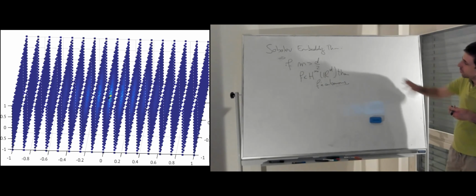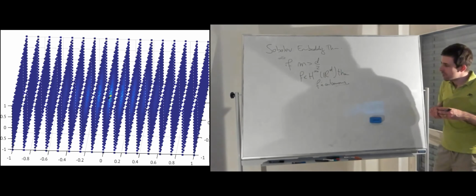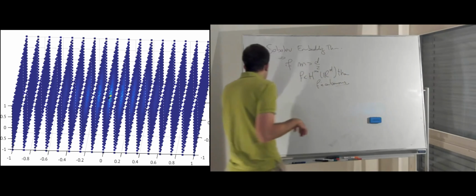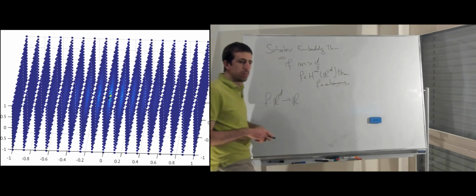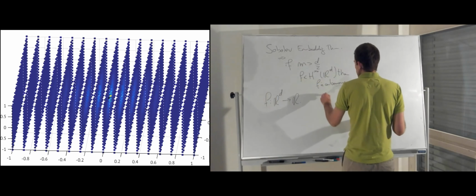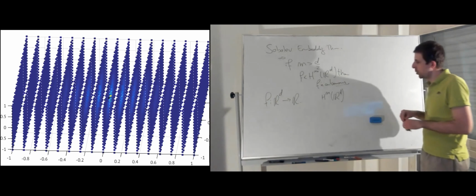So what does this statement mean? That if f belongs to this space, then f is continuous. Essentially, it says that if f is a function from R^d to R, the space H^m of R^d is a space of functions whose derivatives are square integrable.